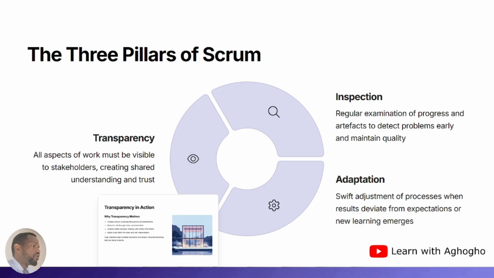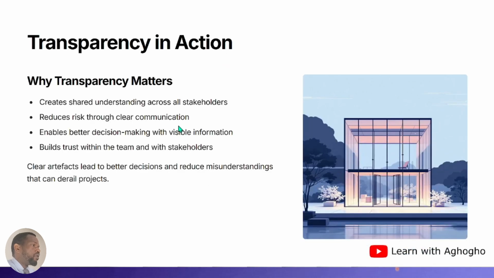So we use it to create shared understanding across all stakeholders, reduce risk through clear communication, enable better decision making with visible information, and build trust within the team and with stakeholders.